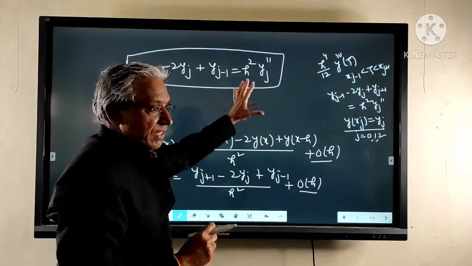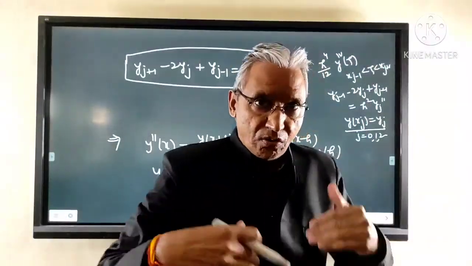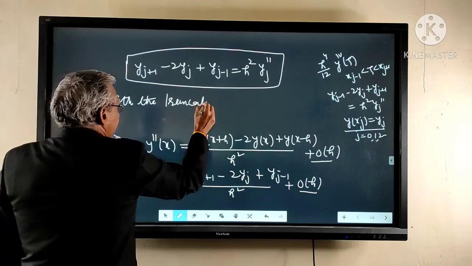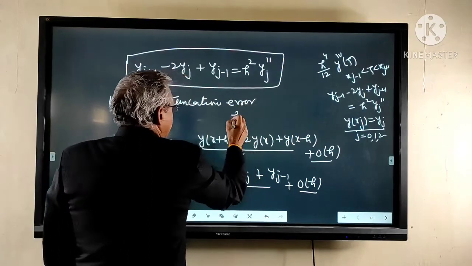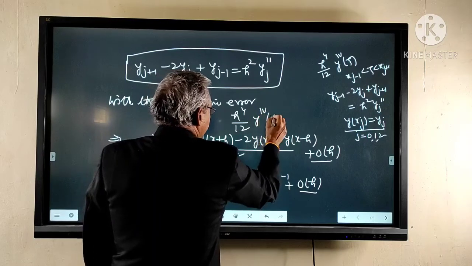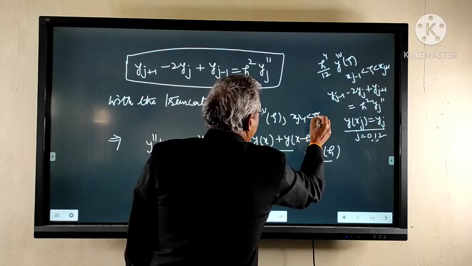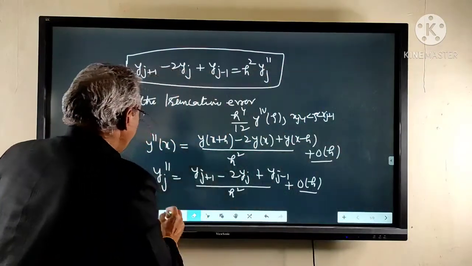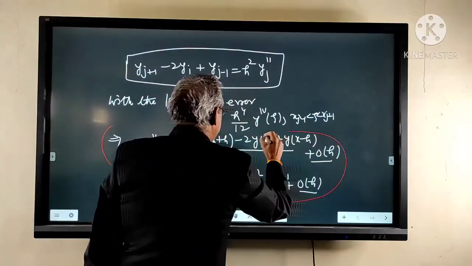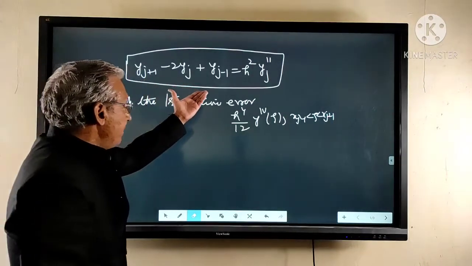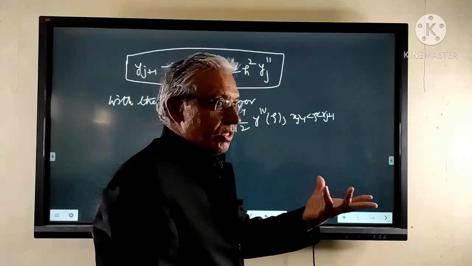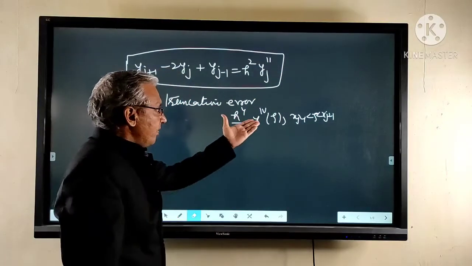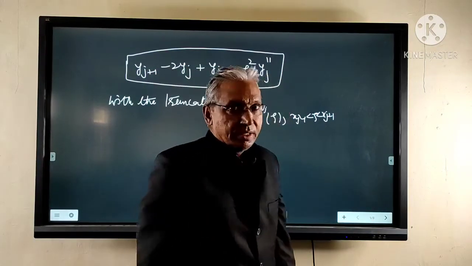This relation is known as the finite difference method of order 2 with the truncation error (h^4/12) y^(4)(xi), where x_{j-1} < xi < x_{j+1}. So y_{j+1} - 2y_j + y_{j-1} = h^2 y_j'' is called the second order finite difference method with the truncation error (h^4/12) y^(4)(xi), where xi lies between x_{j-1} and x_{j+1}.